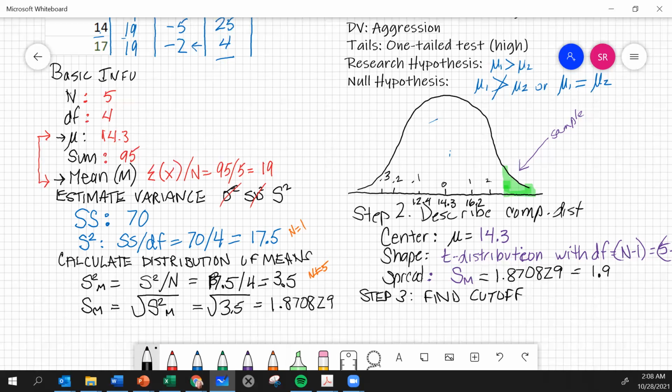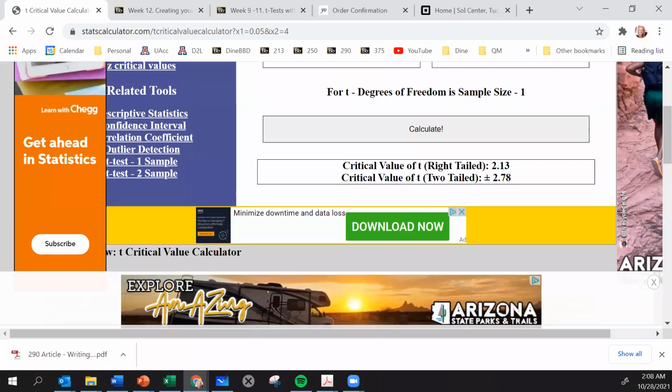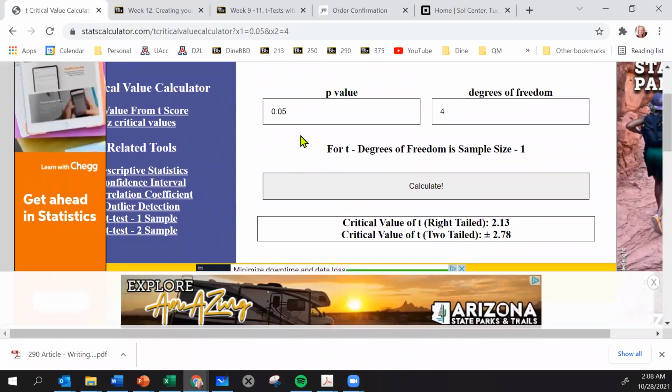So we're going to look at our t distribution for degrees of freedom equals 4, using, we've already stated, 0.05 for the cutoff point and a one-tailed high. We'll go to our critical value calculator, which is right here, and we'll type in that information. So our p-value is 0.05 and our degrees of freedom is 4.